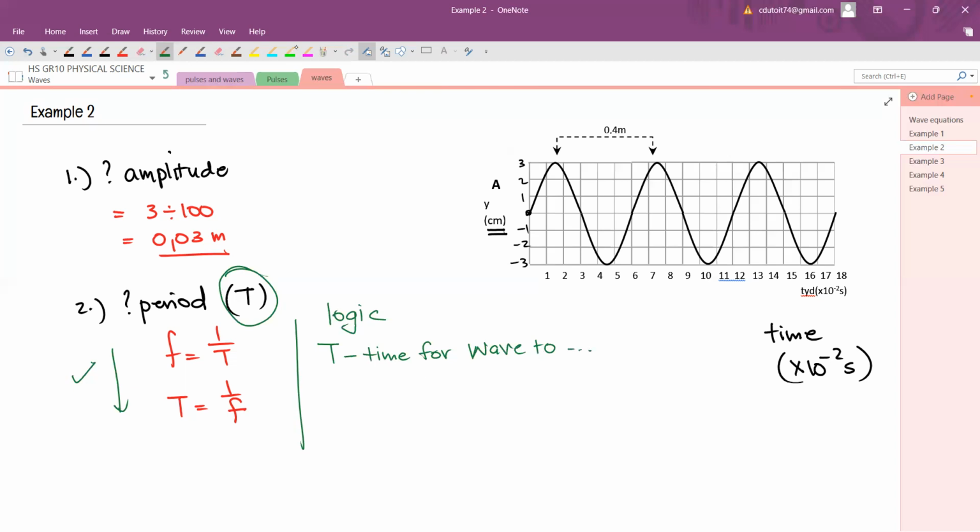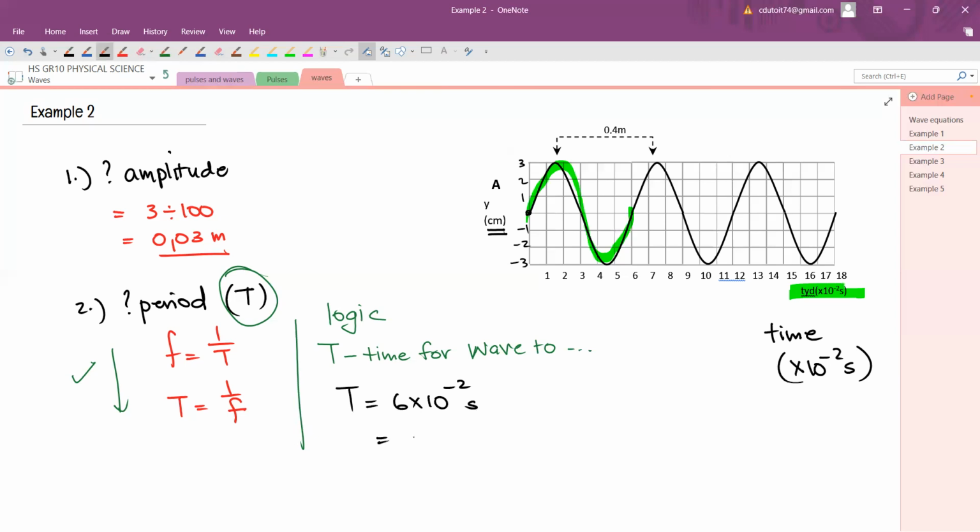The thing is, I have time on the x-axis. So if I can find one wave there, I can actually read the time it took for one wave to form, which is what? 6 times 10 to the power minus 2 seconds, isn't it? Yes. Leave it like that.